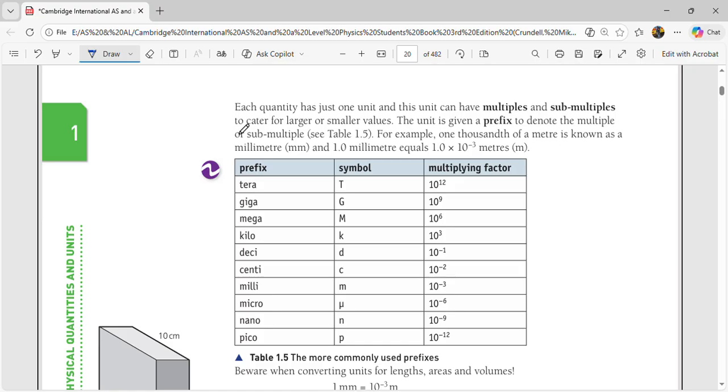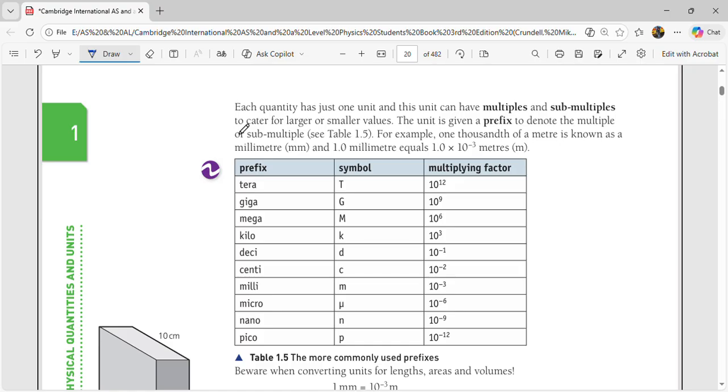Like for example, we can have 1000 meters as kilometer, as in 1000 can be represented by a kilo. Like instead of writing 2000 meters, you write 2 kilometers.